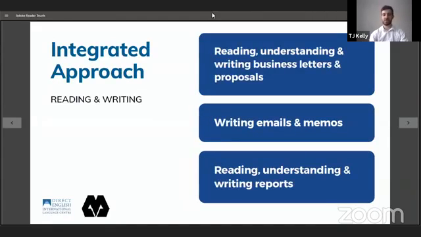And we also look at several reading and writing skills when we're looking at how to write business letters and proposals, how to write emails and memos, and how to follow up with meetings that we've held. And also a lot of focus on reading and understanding and writing reports. Building up all these skills together will help boost your confidence as a learner, and you'll start feeling easier to use English in the workplace as a result.